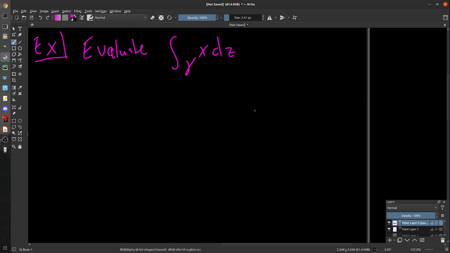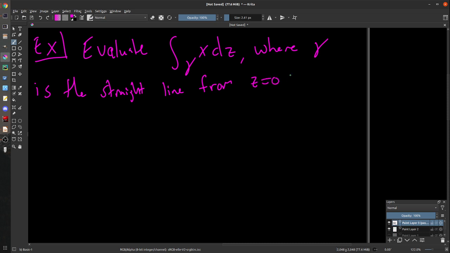Evaluate the contour integral about gamma of x dz, where, of course, by x we mean the real part of z, the real part of a complex number, where gamma is the straight line from z equals 0 to z equals i plus 1. Okay, fair enough. Nothing too weird here. We're just going to go from 0 to i plus 1.